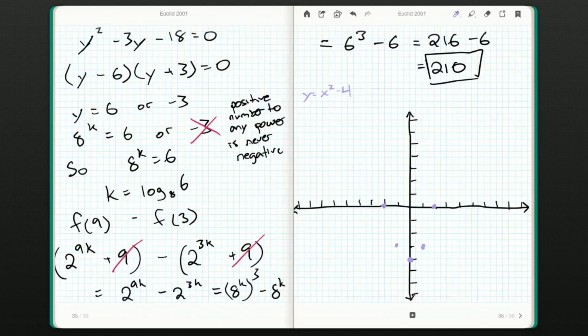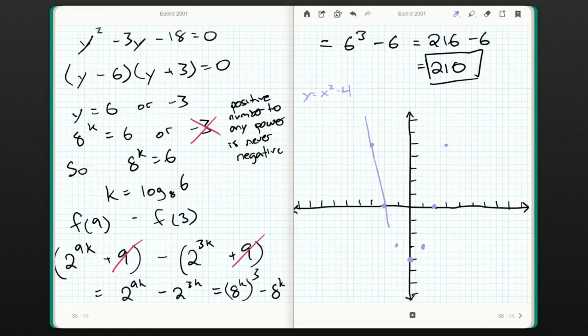How about at x equals 3? Well, 3 squared is 9, minus 4 is 5, so 1, 2, 3, 4, 5. And same with -3, we get an answer of 5. And I think we will be off the graph paper with the next one. 4 squared is 16, minus 4 is 12. Well, our graph only went up to 9, so we're sort of stuck here.